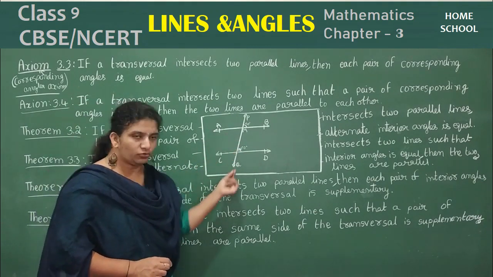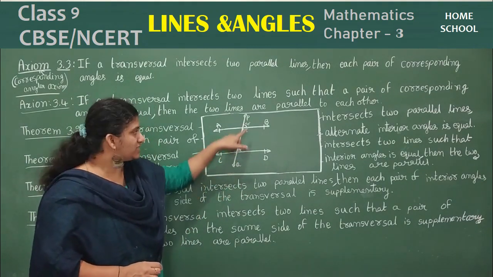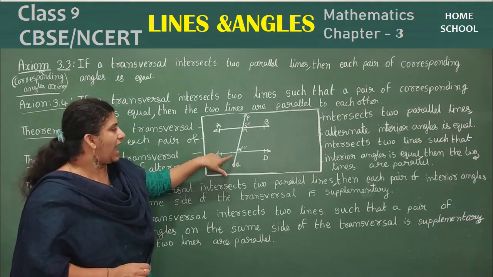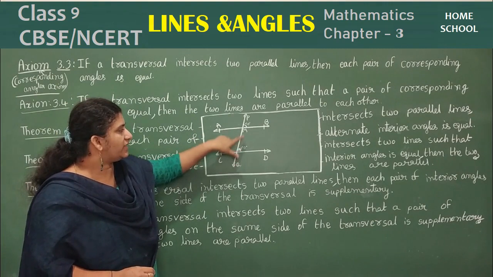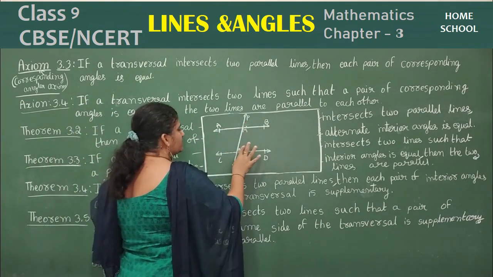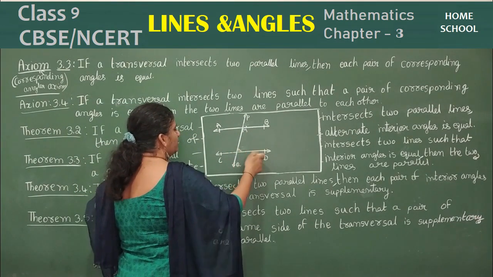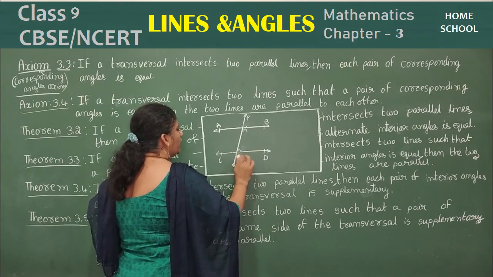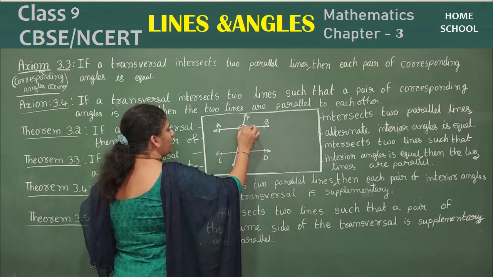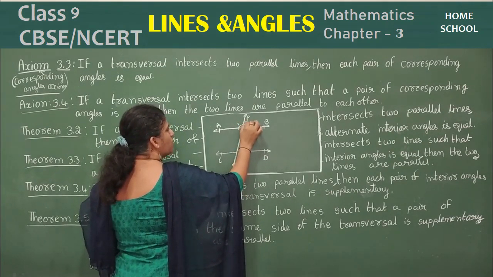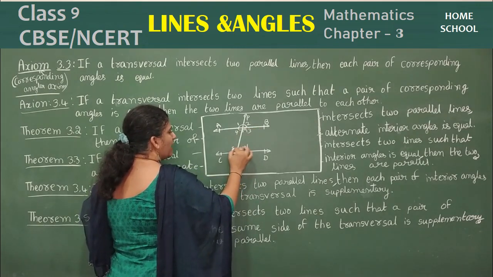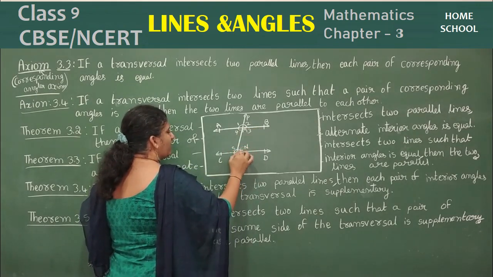According to this statement, not only these two are corresponding angles, these two are corresponding, and these two are corresponding angles as well. For convenience, look here children, this is your end point. Let me mark the angles with numbers 1, 2, 3, 4, 5, 6, 7, 8.